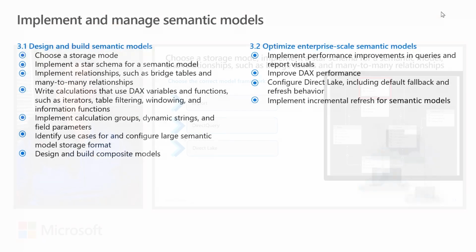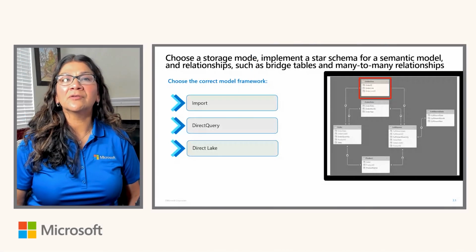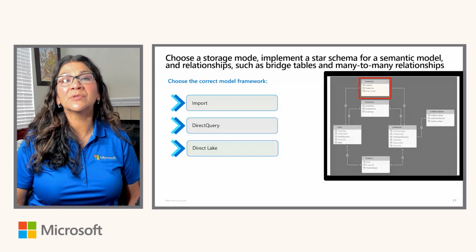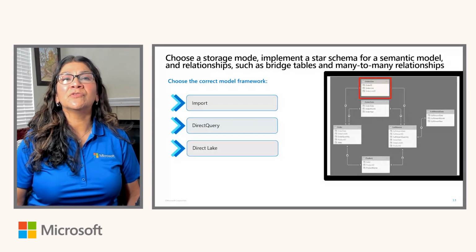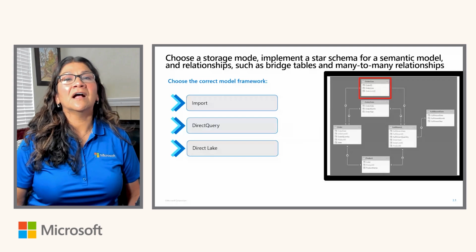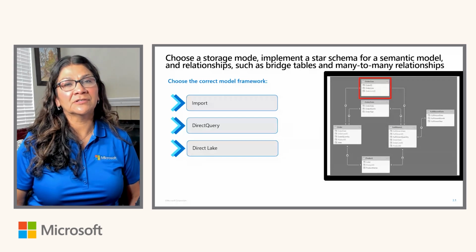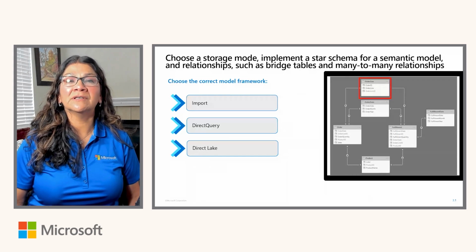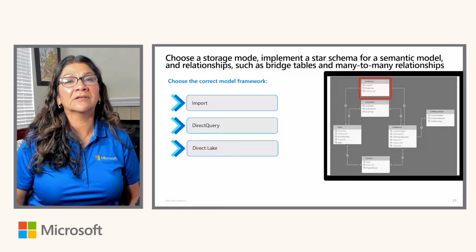Let's begin. Choosing the correct model framework is crucial for optimizing performance, scalability, and our user experience in Power BI. You should review all the model frameworks listed here on the left. I'll give a high-level overview of each. First, we have import mode. This is ideal for smaller data sets where performance is critical.